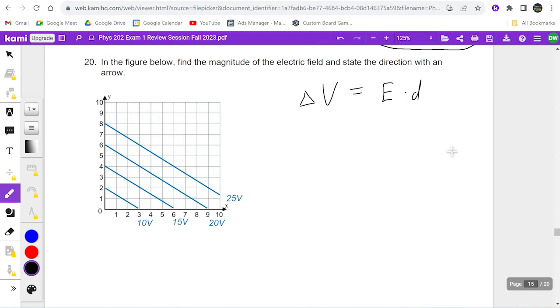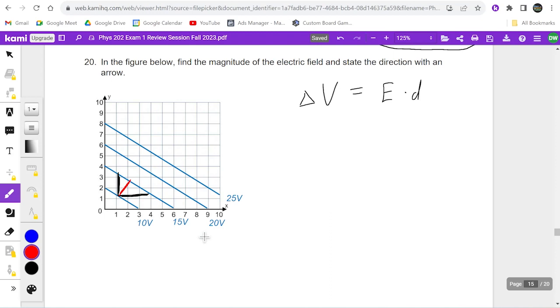And second, you don't know the distance. Because the distance is not this distance here, and it's not this distance here. It's this distance along a diagonal, and maybe you think you get it, but you probably don't.